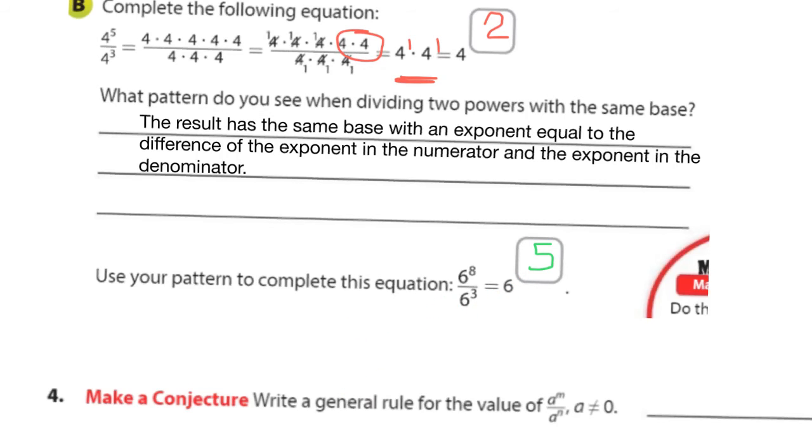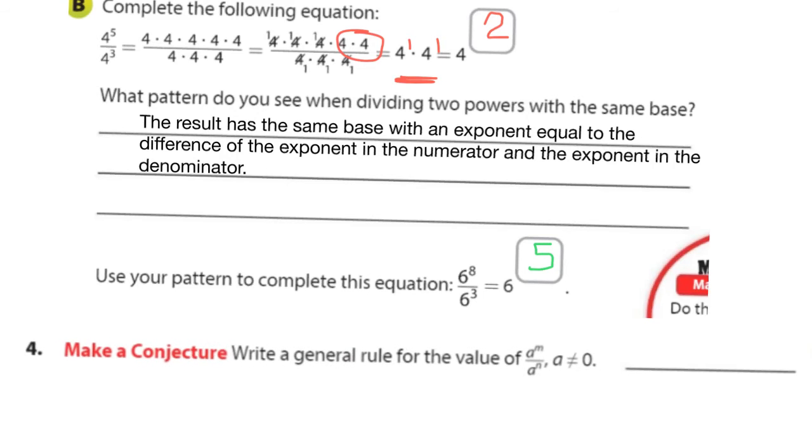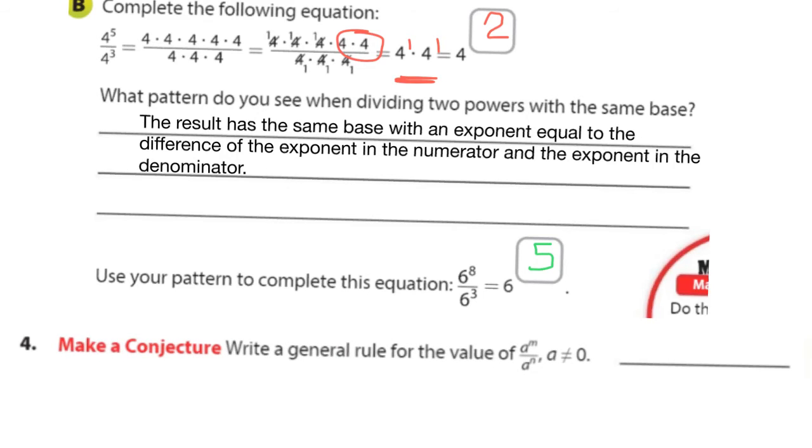And now for your general rule. Again, the general rule does come from page 35, but since it pertains to this problem, I kind of brought it over. So you keep the base, and you take those exponents and subtract them. So you subtract exponents whenever you divide.